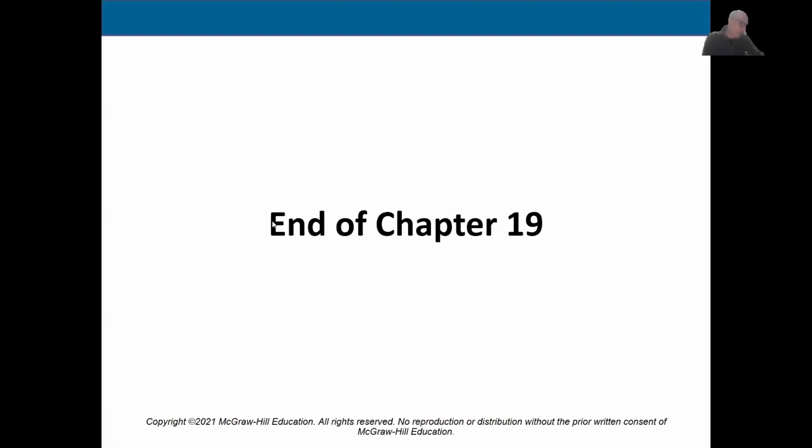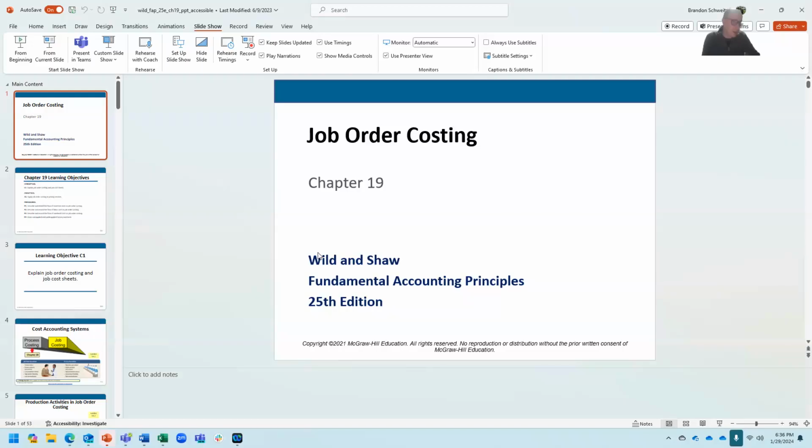So that brings us to the end of our discussion today on job order costing. Are there any questions that any of you might have about job order costing or anything along those lines? Obviously we finished a little early today, but this is a very straightforward discussion.